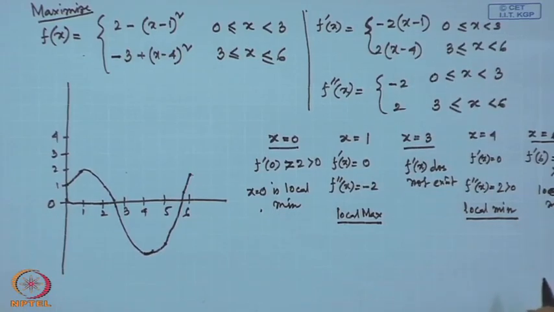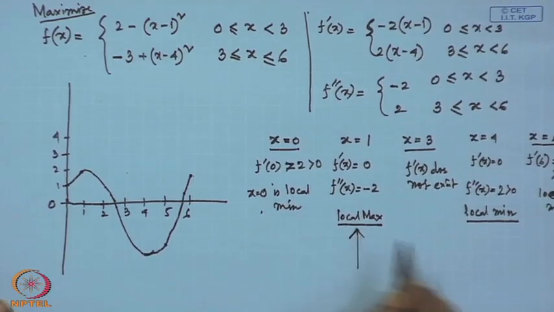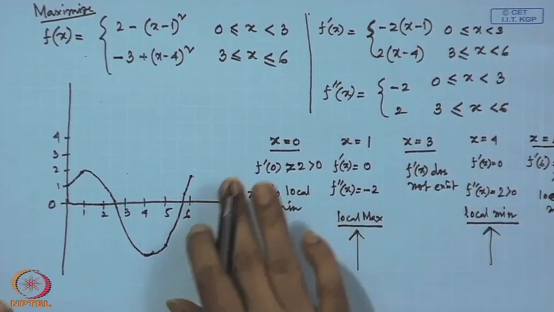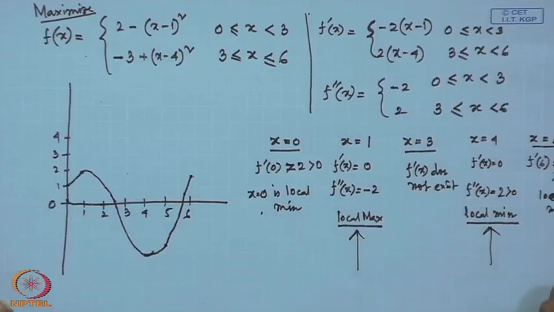Thus, if we apply the classical optimization technique straight away, we can only conclude for x equal to 1 and x equal to 4, and nothing further. If I want to analyze the function in a better way, we should view the function from a different angle.